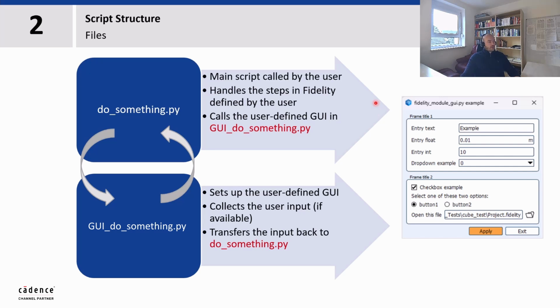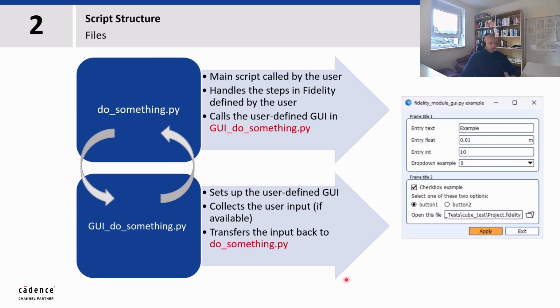And this script will handle all the main steps in Fidelity. In the example later, this will become more clear, but basically this is launched by the user. It handles the steps in Fidelity and it calls this script which defines the user interface or the GUI.